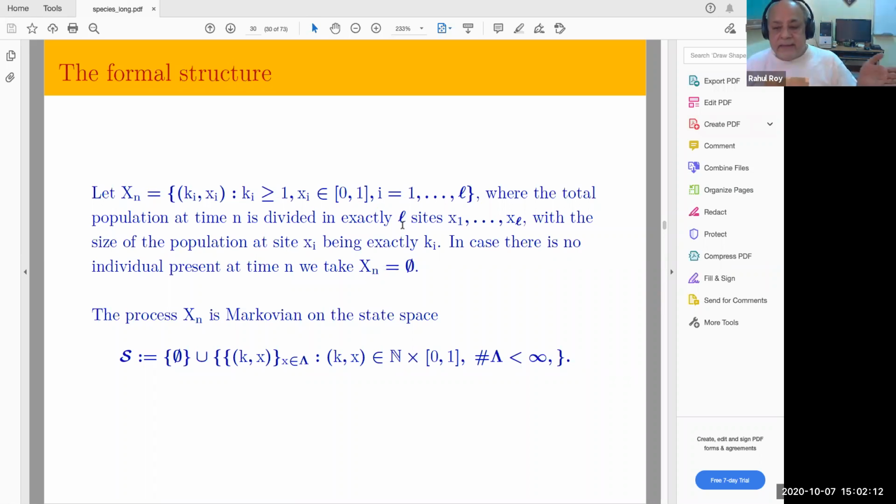Of course, it could be that there is nothing there, in which case we take X_n to be the empty set. The process which we just described, X_n, is Markovian on this state space: the empty set union the set of all possible such k_i x_i's coming from the set gamma, which is finite. So this is a Markovian model on this state space.